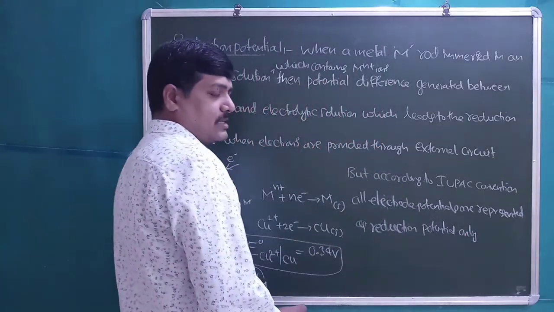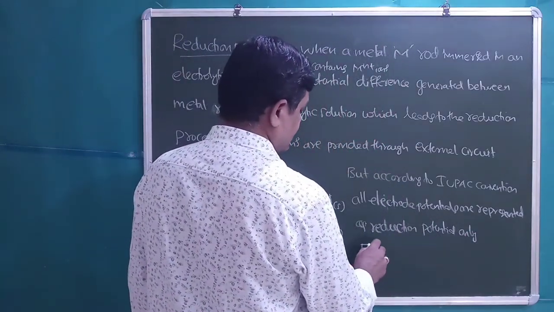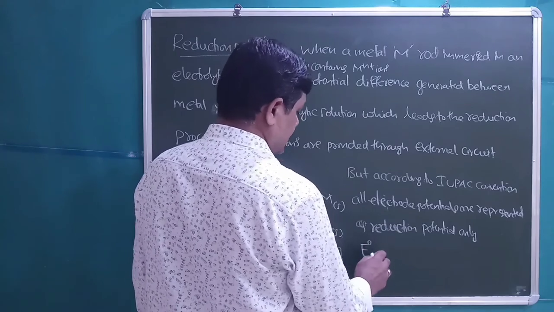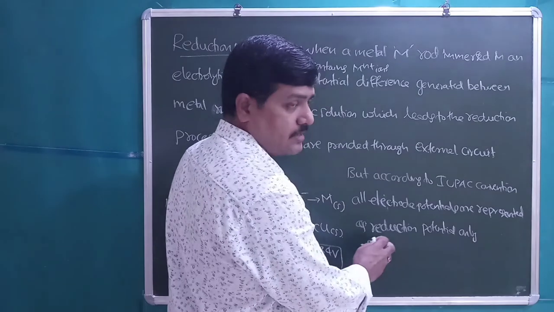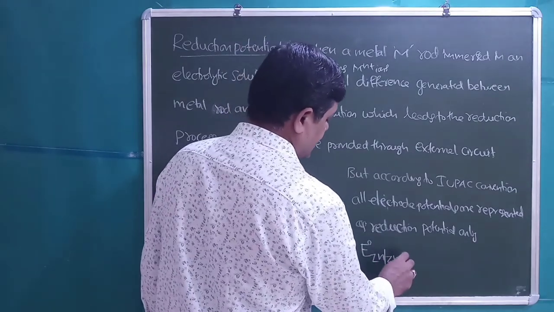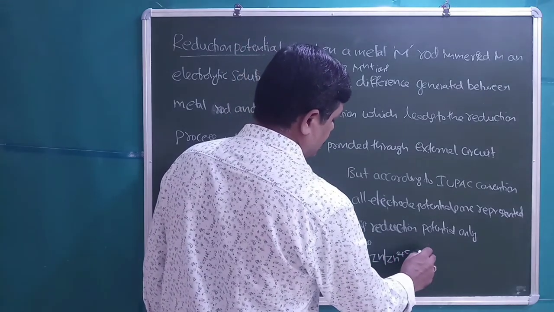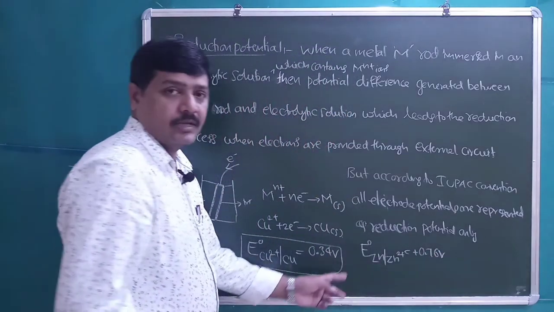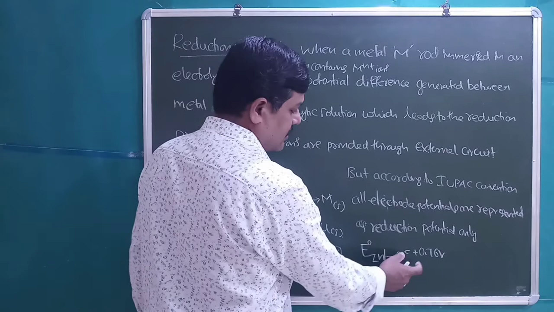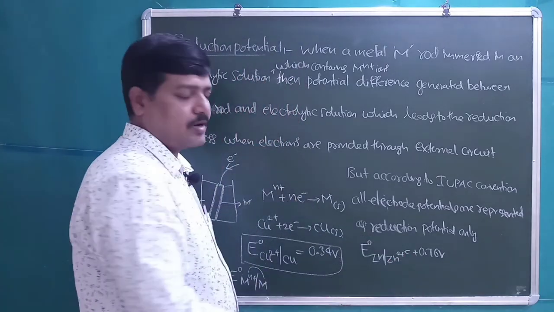Students, that means, for example, if we take the standard oxidation potential of zinc, E naught Zn slash Zn2 plus, the value is equal to plus 0.76 volts. Then we need to convert this immediately into the reduction potential.